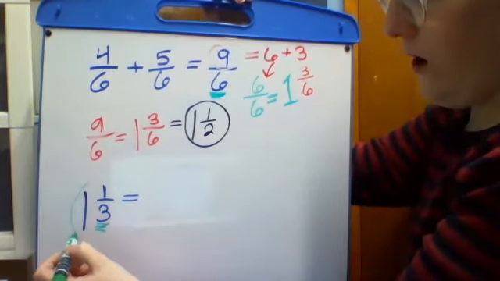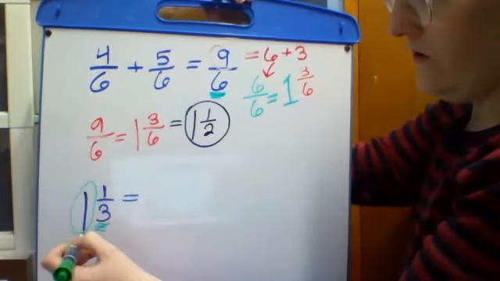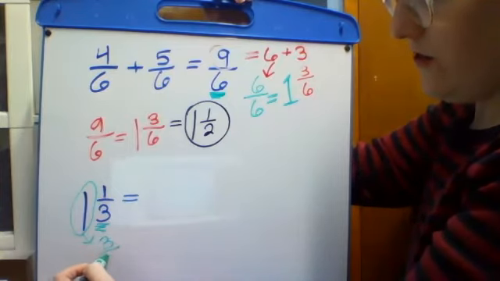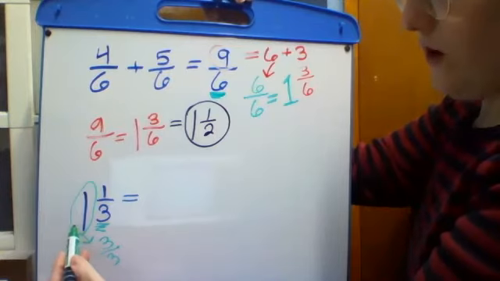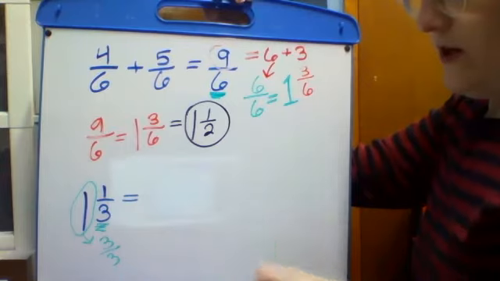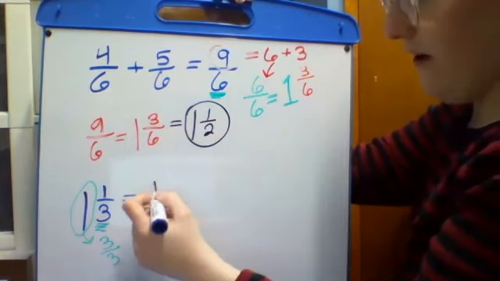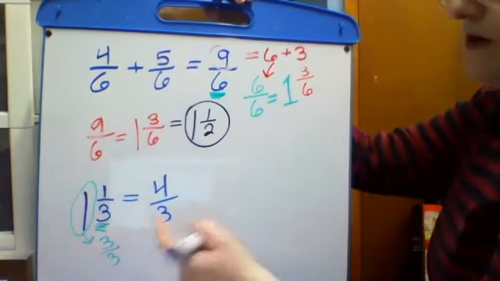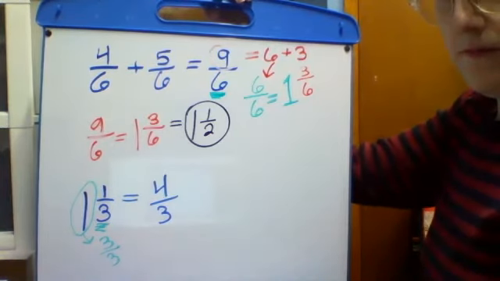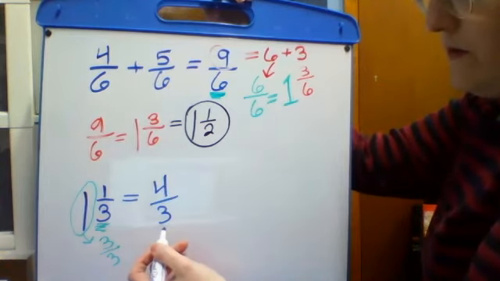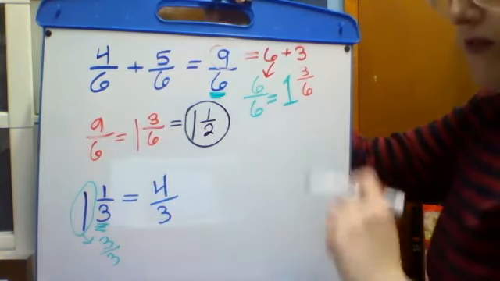So my 1 whole is really the same thing as 3/3. So I have 3/3 in my whole, and I have 1/3. That means altogether I have 4/3. I made my mixed number into an improper fraction. So all this means is that 3 pieces still make the whole, but I have more than that.